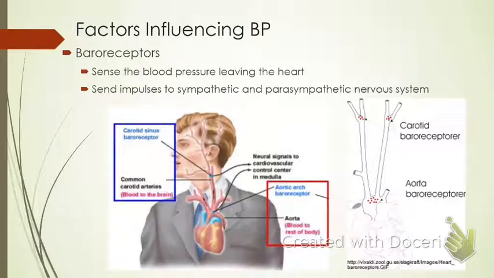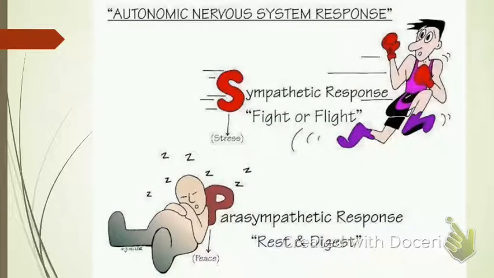But baroreceptors sense pressure. All right, they're little pressure sensors. And if they don't feel a certain amount of pressure on them, they send out emergency signals. So these emergency signals are flight, fight, and rest and digest.